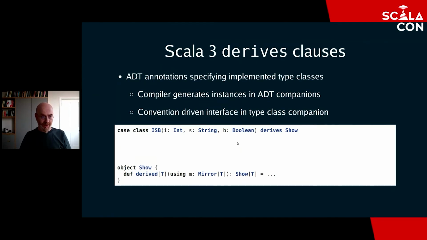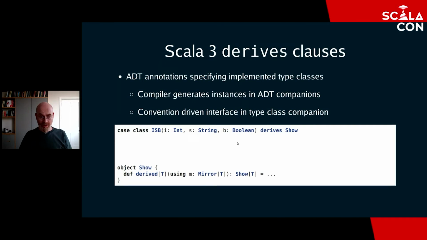So take this as our running example. We have our case class ISB, and now we've added the this derives Show. In our companion object for the Show type class, we define a derived method.